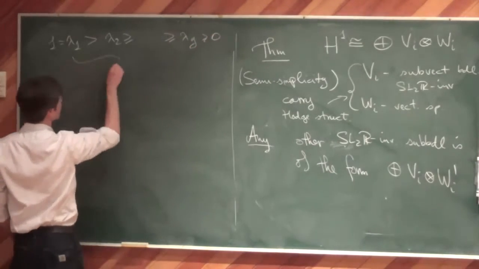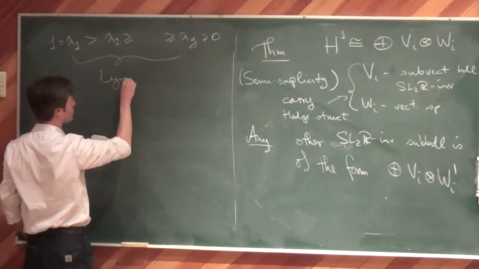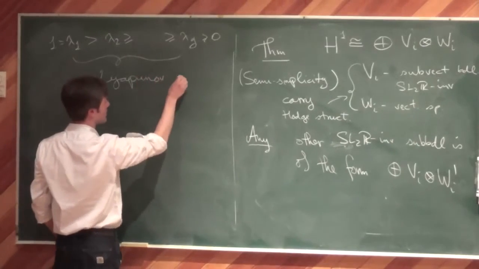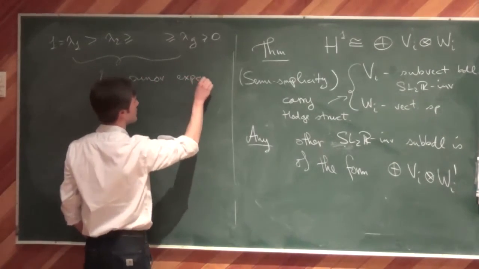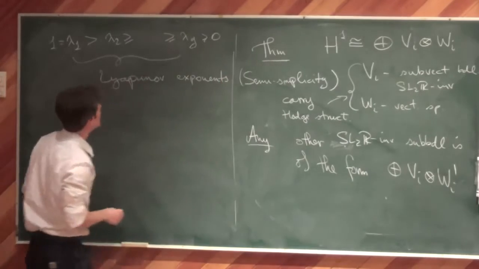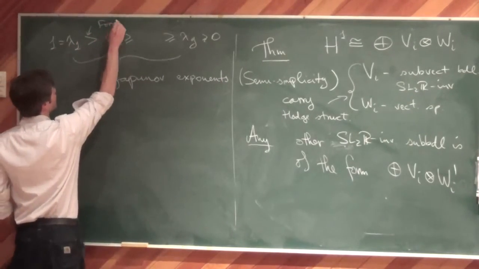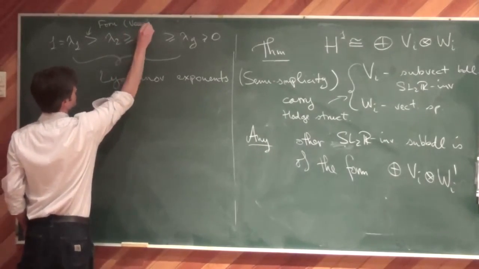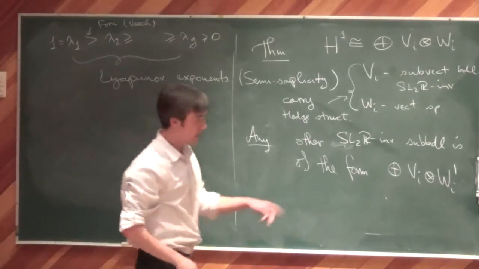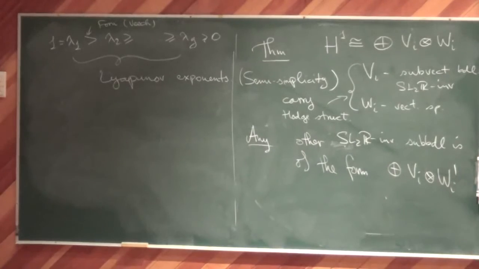These things are called Lyapunov exponents, and you'll probably see more of them in the later lectures. By the way, this strict inequality is due to Forni, and before it was, in some specific cases, due to Veech. So these are the numbers which govern the asymptotic behavior of this cycle.